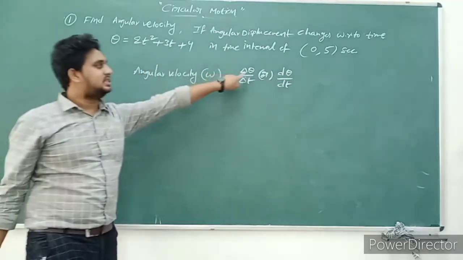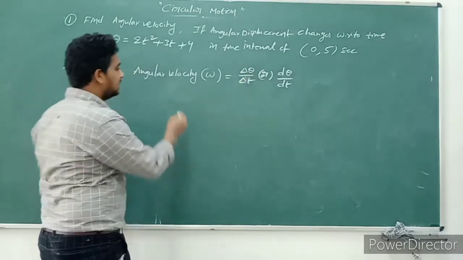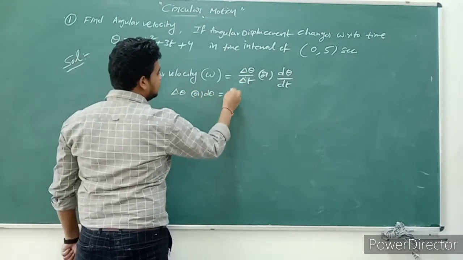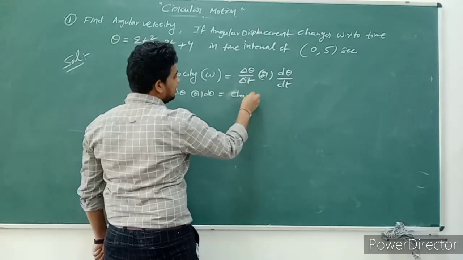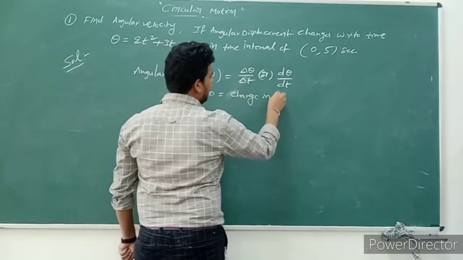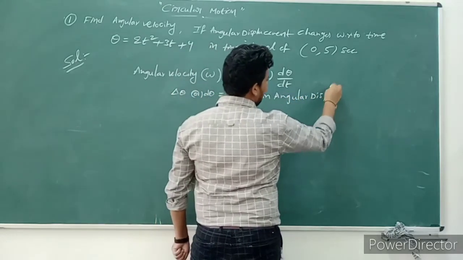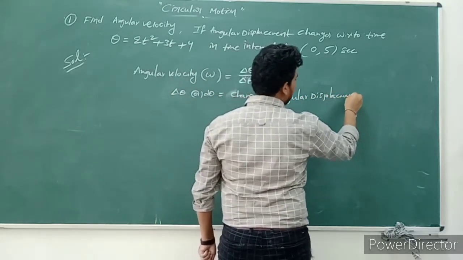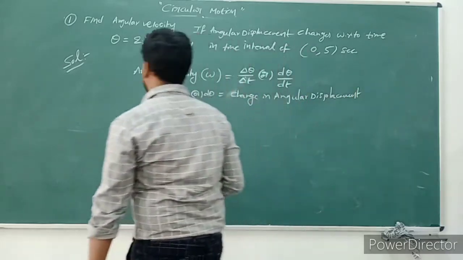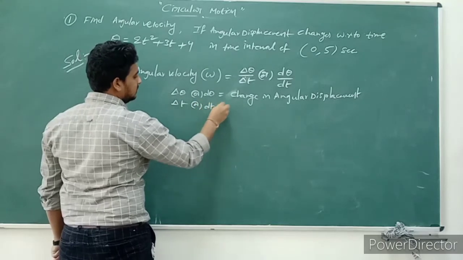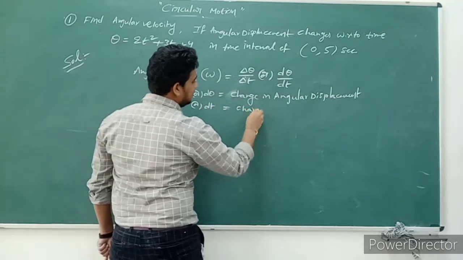Here delta theta or d theta means change in angular displacement. Here delta t or dt means change in time.